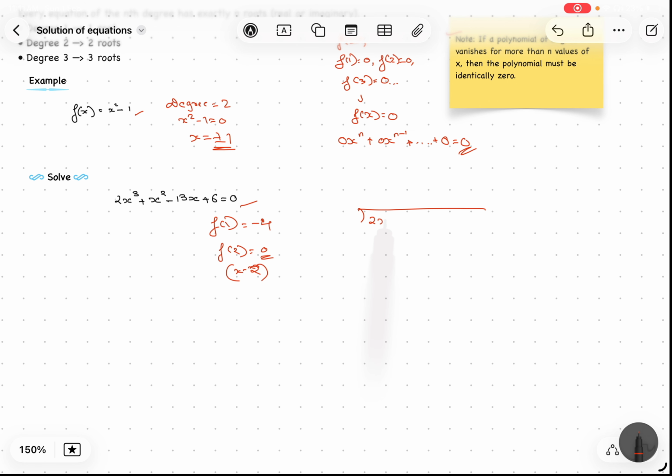We have 2x cube plus x square minus 13x plus 6. Let's divide by x minus 2. The remainder should come 0 if x minus 2 is the factor.